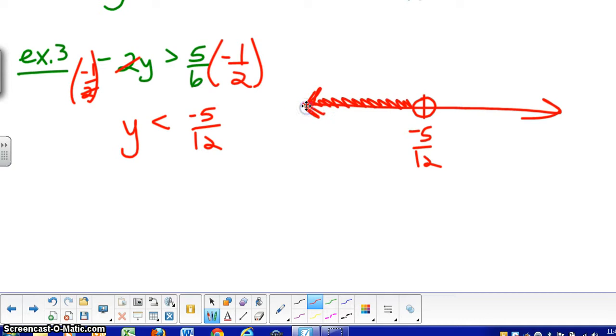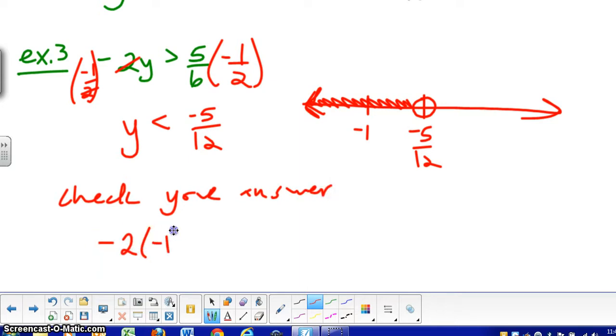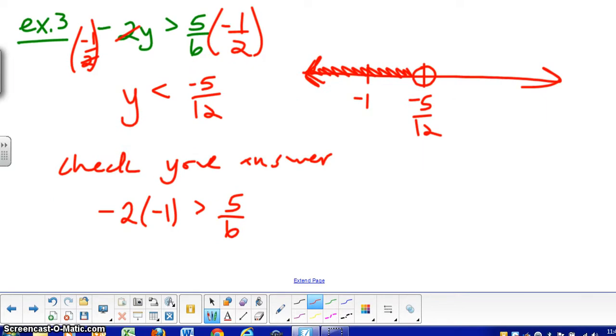Now if you wanted to check your answer in a situation like this, especially when you have the rule apply here, you're going to pick a number to the left, and in this case I'm just going to pick a -1. If you take the -1 and you want to check your answer here, you take the -1 and plug it in where you see a y, and let's check to see what happens here. -2 times -1 is 2, and that is a true statement.